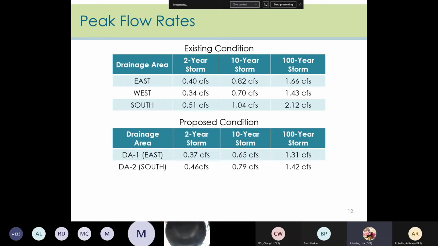And so the development will definitely have some reduction in flows coming off the site, but these don't meet the runoff quantity control requirements, nor would they meet the requirements of the third option, which makes a new development reduce post-construction peak runoff rates for the 2, 10, and 100-year to be 50, 75, and 80% respectively of the peak runoff rates. And so that was not an option in the report, but I'm trying to see if maybe we could approve it under that method. All right.